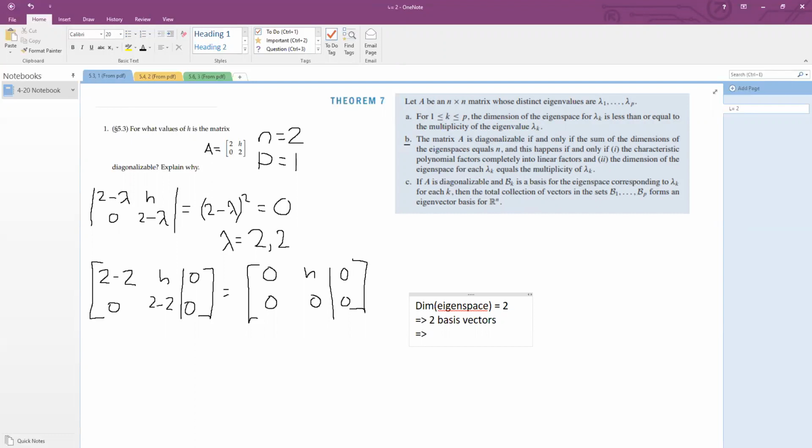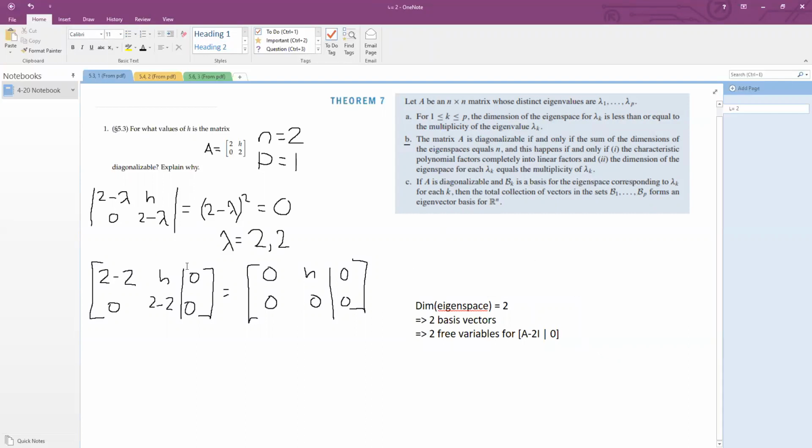Basically, that's like saying we want 2 free variables for A minus 2I augmented with 0. That's the thing that we set up here, right?